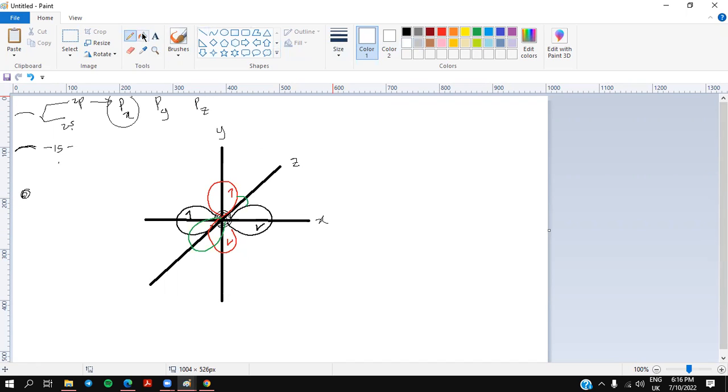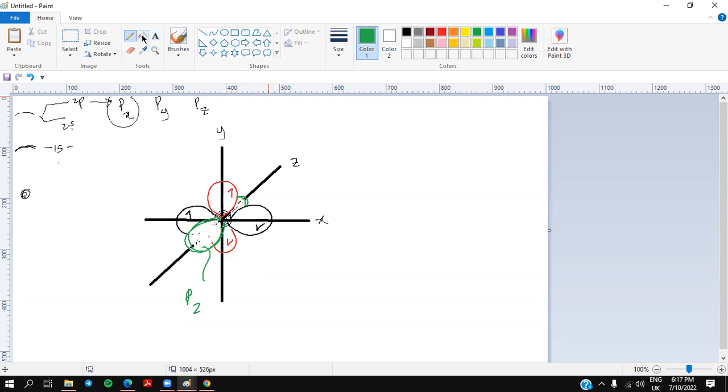To explain the 3D nature of this, I just erase these lines. So you can see the 3D nature of these orbitals. See? If I add some colors to this, you can get the picture in a much clearer manner. This green line shows the orbital which is extending along the z-axis.